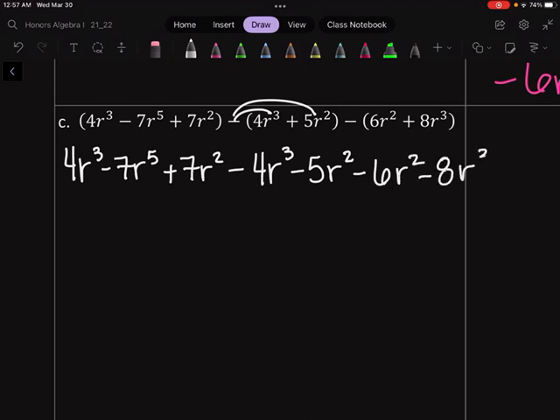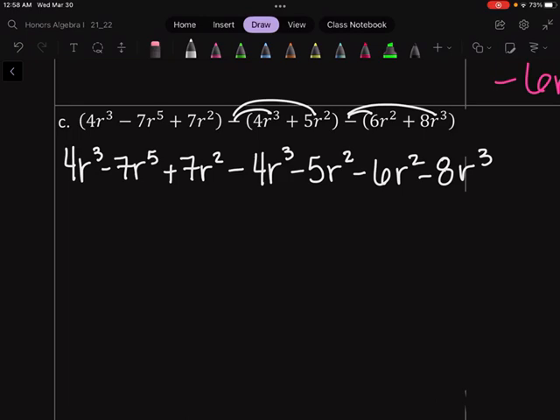Yeah, this is supposed to be blacked out. Okay, so I distributed those negatives instead of just going at it, which when there's 3 of them, it's probably not the best idea to do that. You probably should just distribute and then combine like terms.